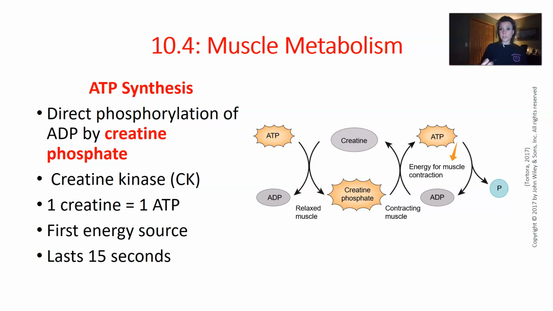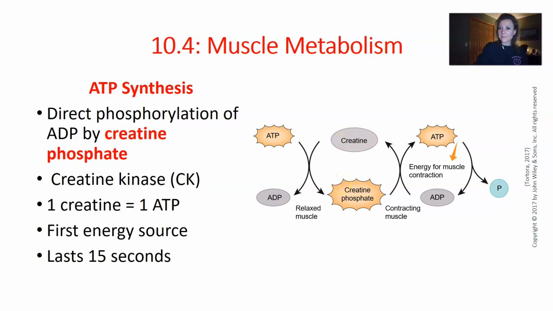Now, when the muscle cell starts to contract, it's going to need ATP, and it's going to need ATP right away, and it gets it from the creatine phosphate. So once again, when the muscle fiber starts contracting, our enzyme CK is going to come in and catalyze the removal of the phosphate from creatine, thus creating just plain old creatine.